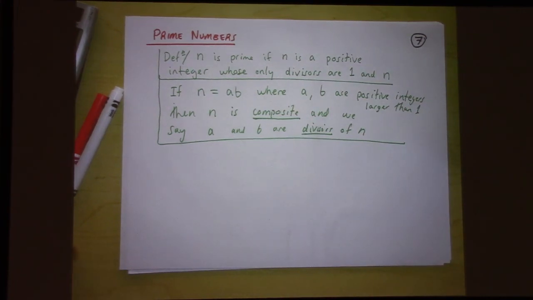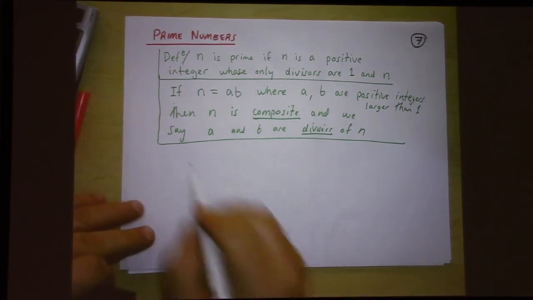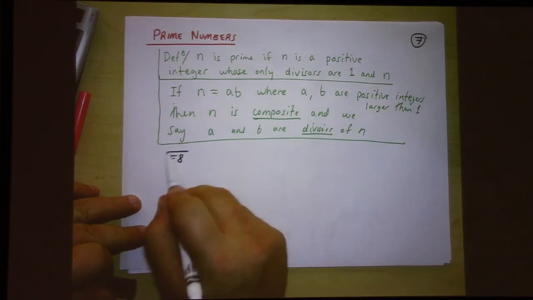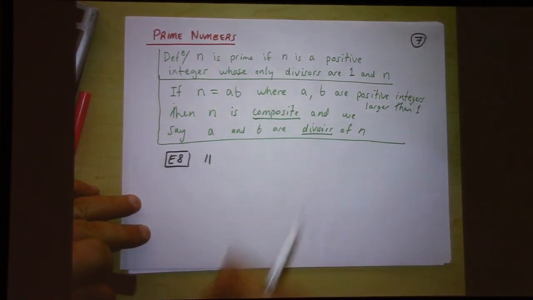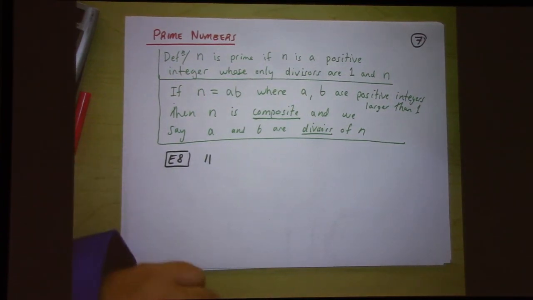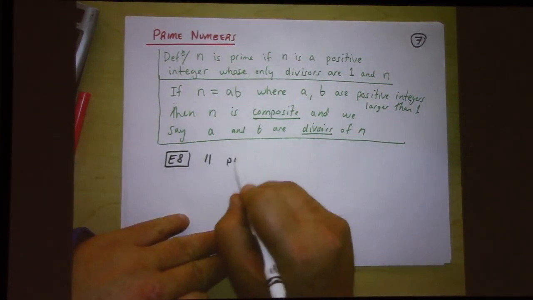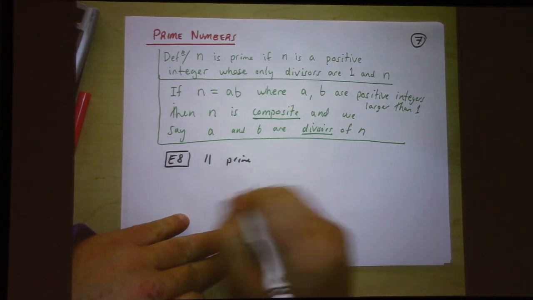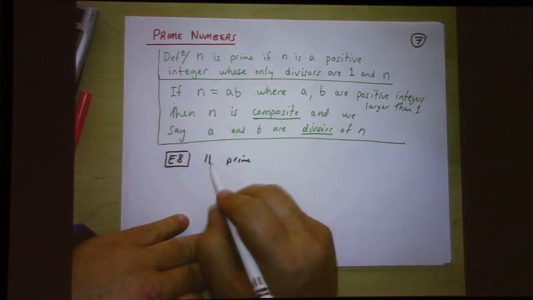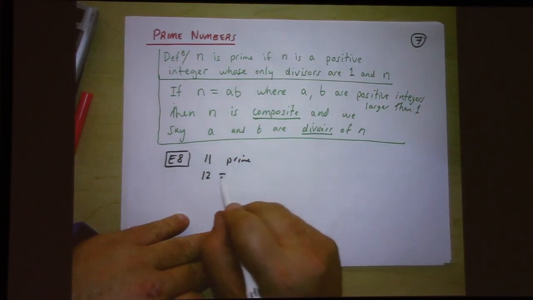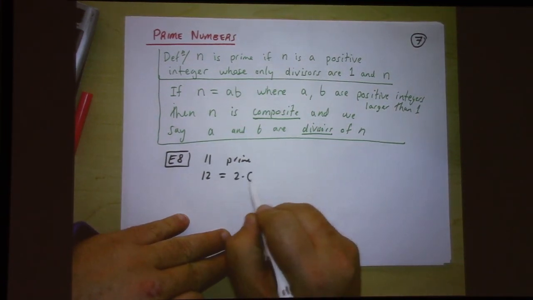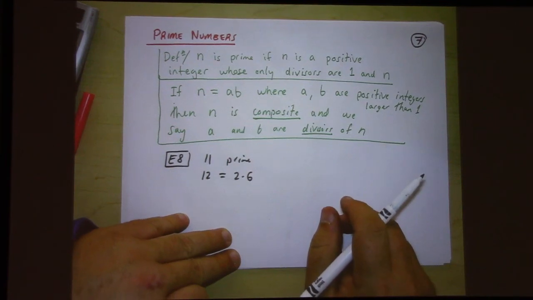So, example 8. You guys tell me if this number is prime or not. 11. Is this a prime number? It is, right? It's prime. How about this? 12. Is this prime? No. It's not, right? Because we can write 12 as 2 times 6, right? Is 6 prime?